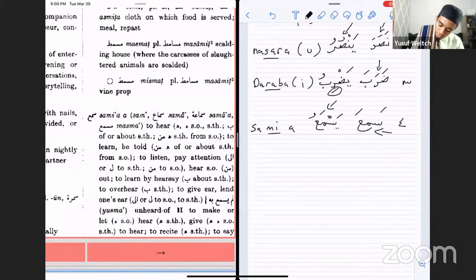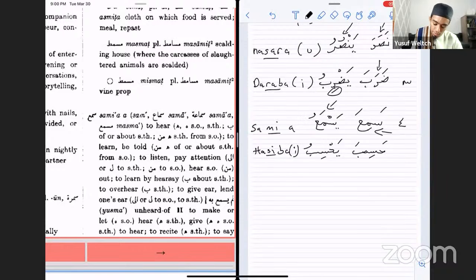Then we have, what am I missing? Hasiba, yahsibu. Good. Hasiba. Very good. Yahsibu. So both are kasra, and that would show up as hasiba, yahsibu with a kasra.